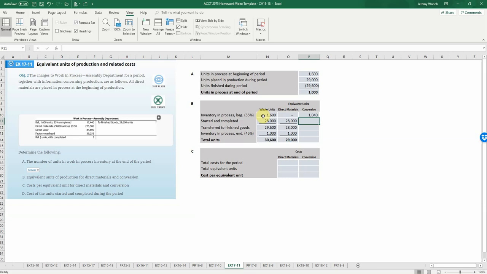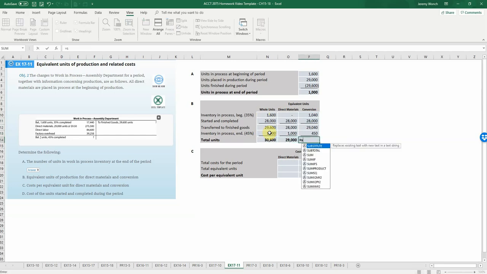Started and completed, we already calculated that at 28,000. So transferred to finished goods was 29,040, and then the inventory in process at the end of the period is 45%. So we take our 1,000 times 45% to give us 450. Add those together, we get 29,490.